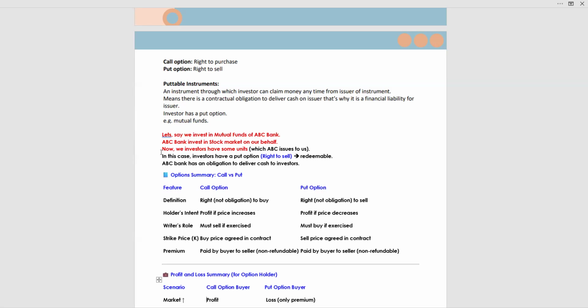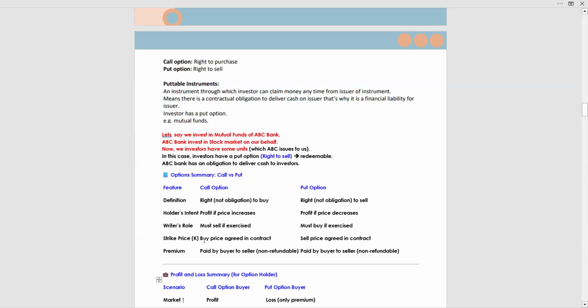Now there is a summary for call versus put option. Feature: call option, put option. Definition: right, not obligation, to buy; right to sale. Holder's intent: profit if price increases; profit if price decreases. Writer's role: must sell if exercised; must buy if exercised.